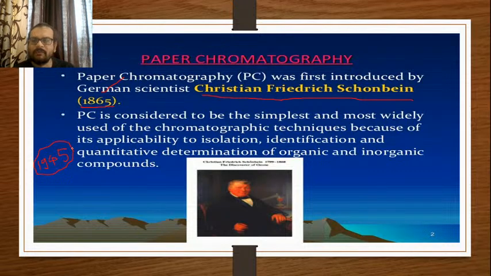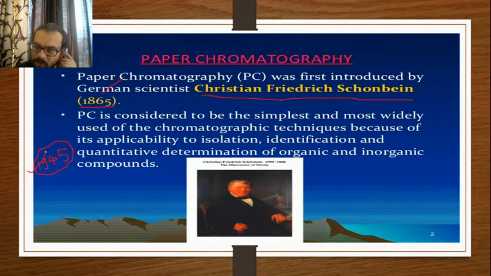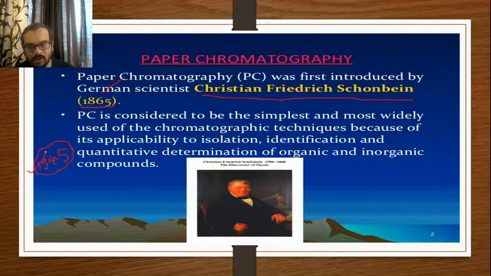These variations gained speed by 1945 with the tremendous development and dedication of Martin and Synge. These two scientists were also awarded the Nobel Prize for their contribution to chromatographic techniques. So the major impetus for paper chromatography is 1945 with Martin and Synge, but the technique itself was first introduced by Christian Friedrich Schonbein.